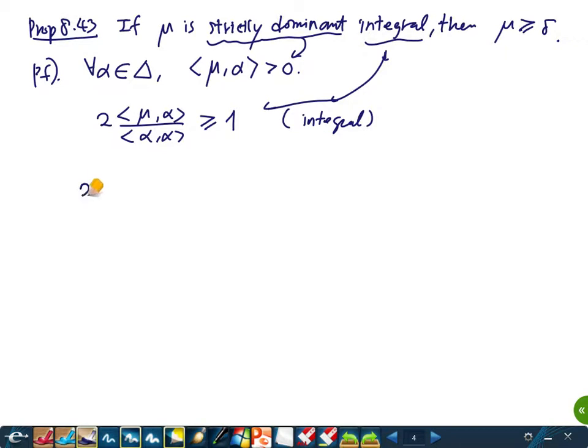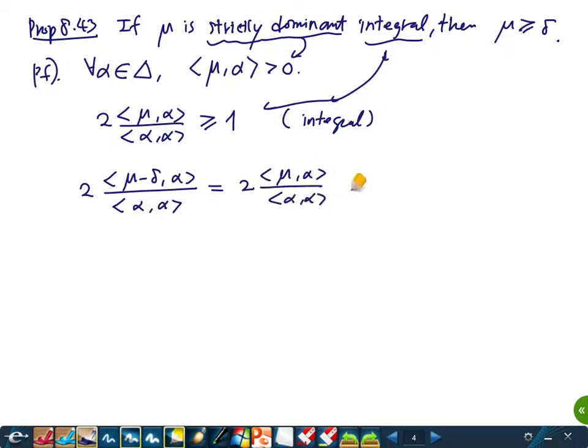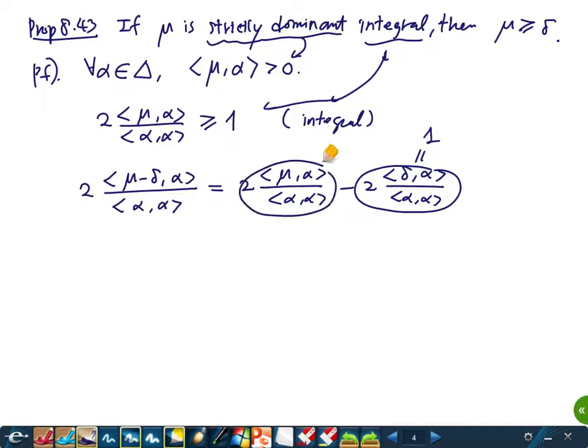So now let's consider 2 times mu minus delta. This is now 2 times mu alpha by linearity. But we've shown that this part is in fact 1. Then this is greater than or equal to 1, so it is greater than or equal to 0.